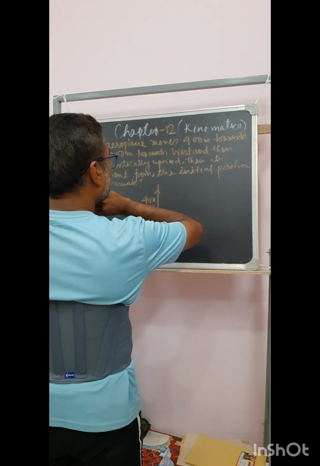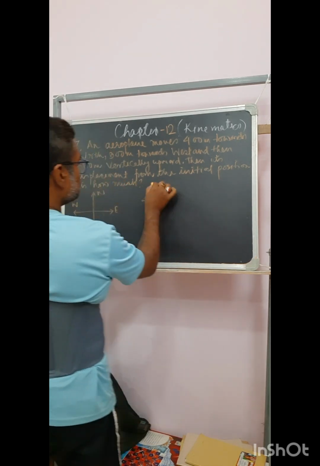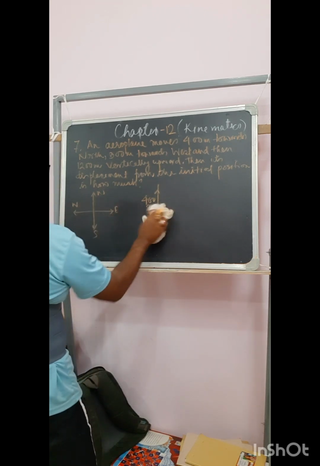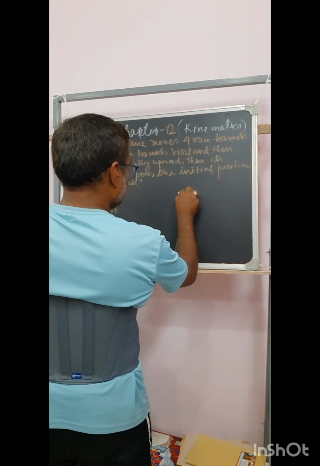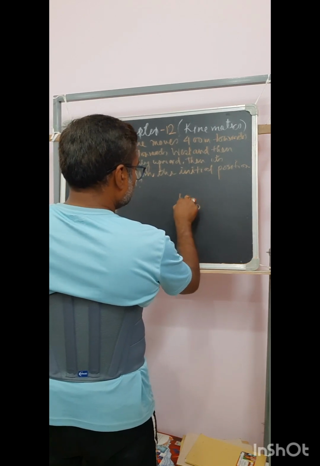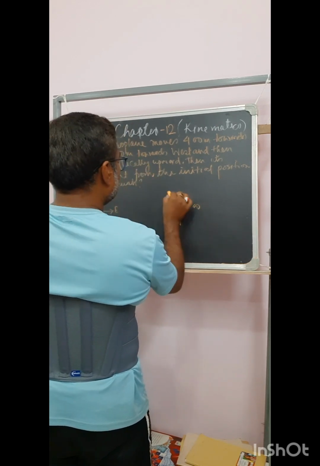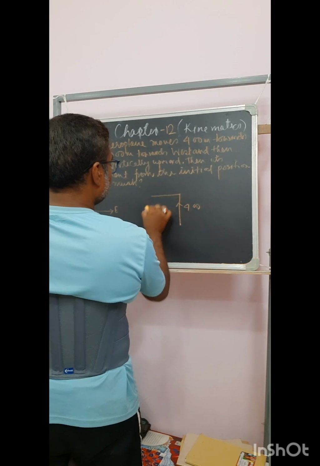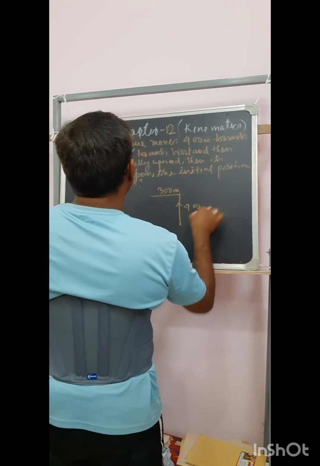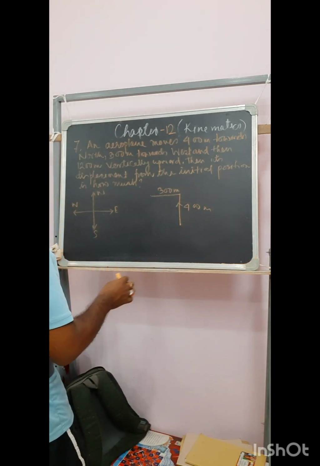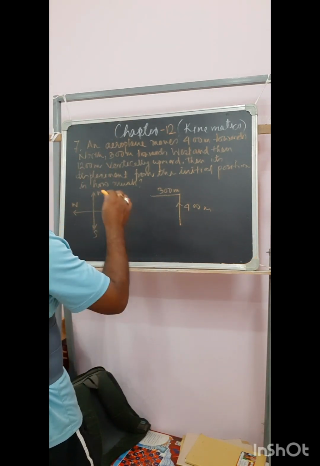Then 300 meter towards west. Let me start from here: 400 meter north direction, then 300 meter west direction, and then 1200 meter vertically upward.